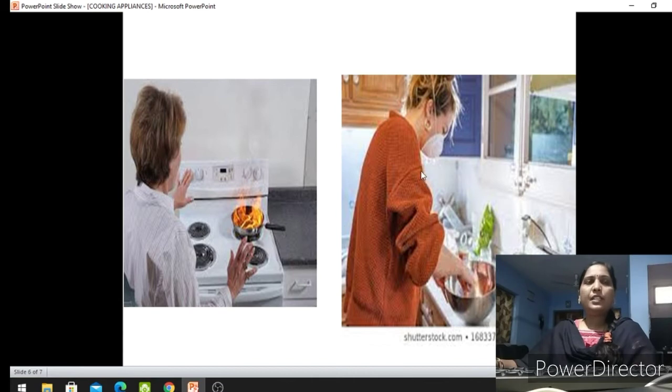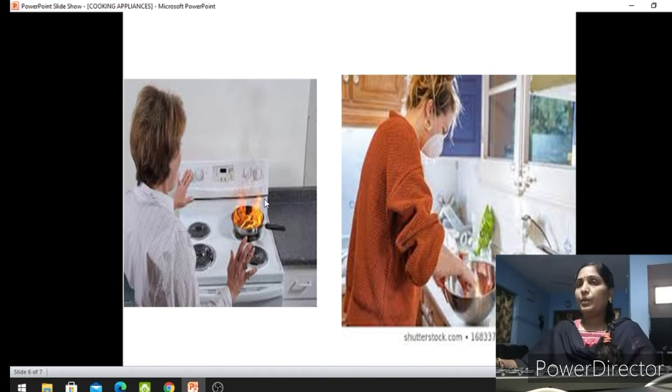Later on, after investigation, they found that the food the children ate in that school was poisoned because it was stored in a container which was earlier used to store insecticides and pesticides. So that container was used for storing the food.